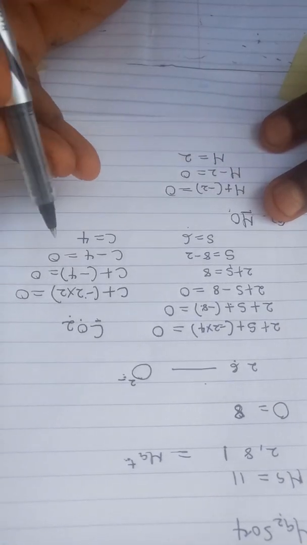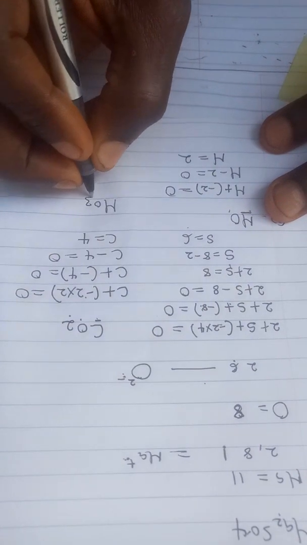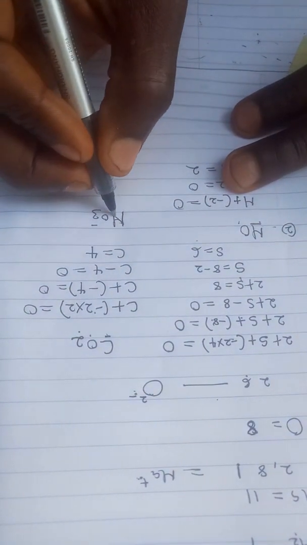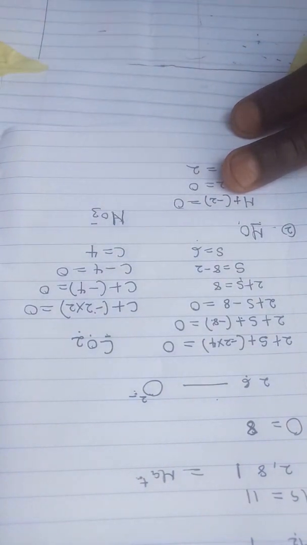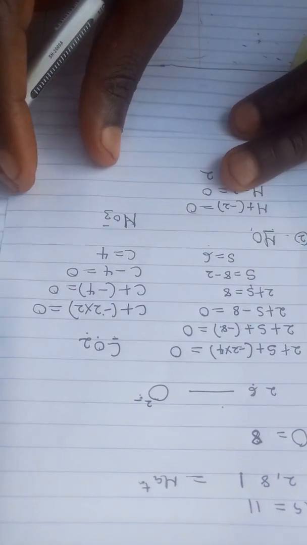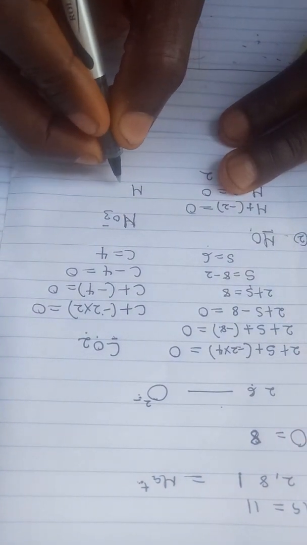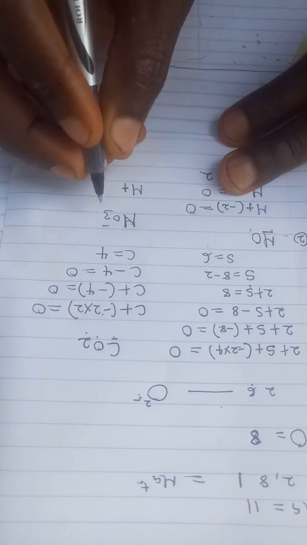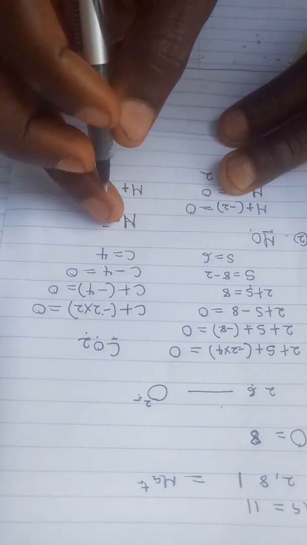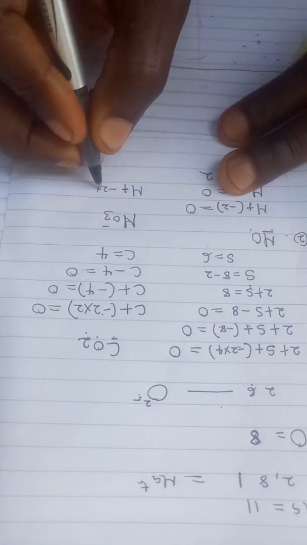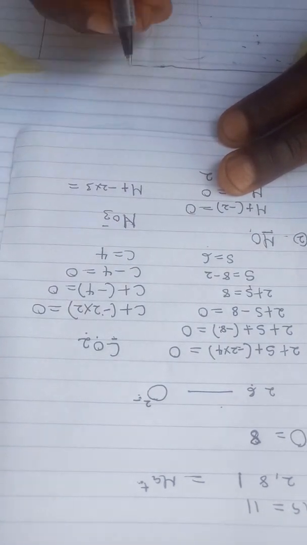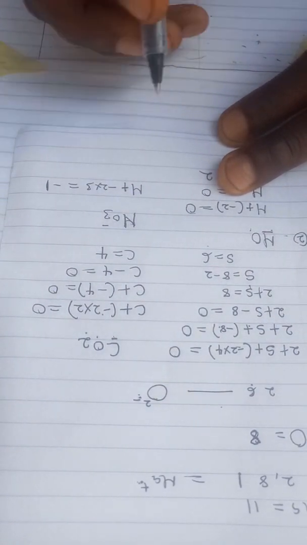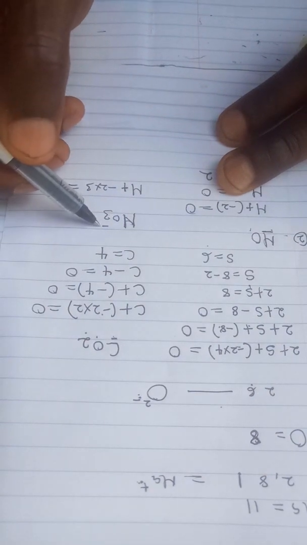Let's say in this radical NO3 that carries a negative charge. In this one, we want to know the oxidation state of nitrogen in this radical, trioxonitrate. So what we have to do here is this. We'll say N plus the valency of oxygen, which is minus 2, minus 2 times 3, is equal to, instead of putting equal to 0, we'll say equal to minus 1, because this radical is negatively charged.